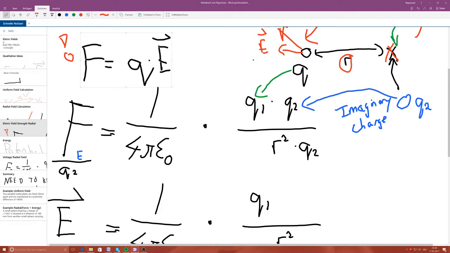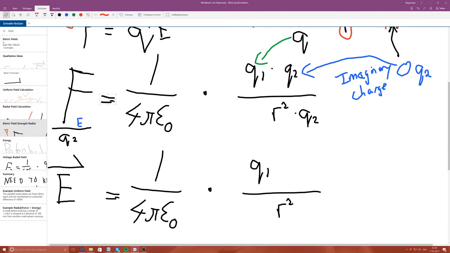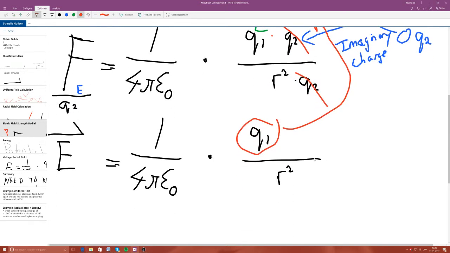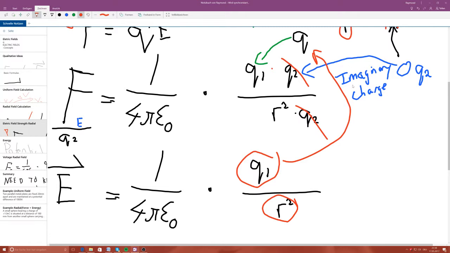And this, of course, also then has to happen on the other side, because you have to treat both sides of the equation equally. And as such, this then cancels out. And then you end up with the electric field strength being the same as Coulomb's law, but just with one charge, and that charge is the one that's generating the field. And of course, the distance from which you're measuring it.